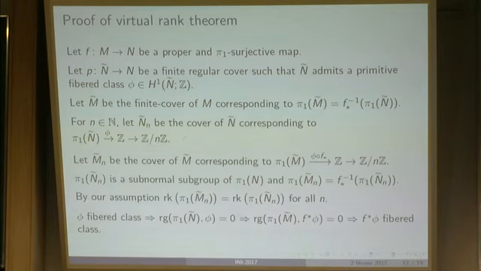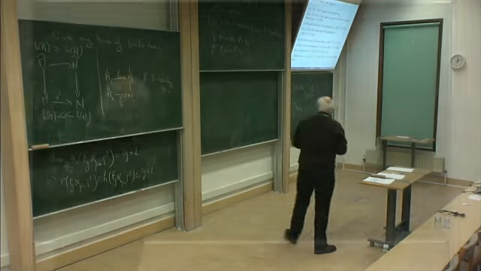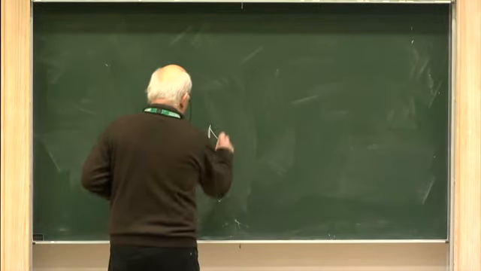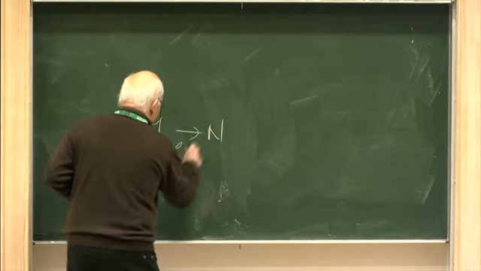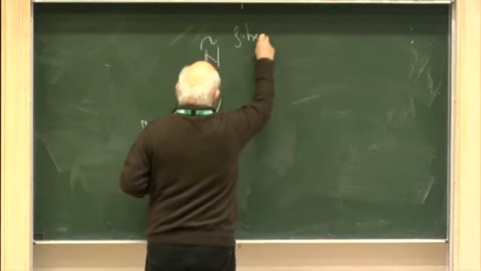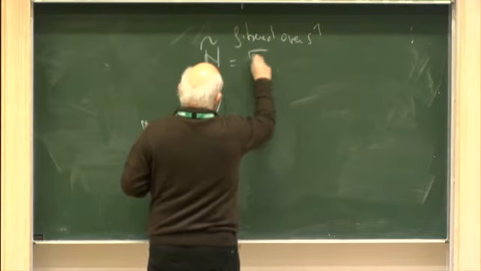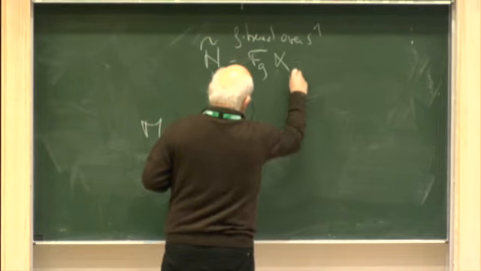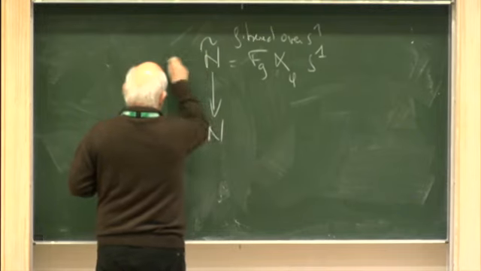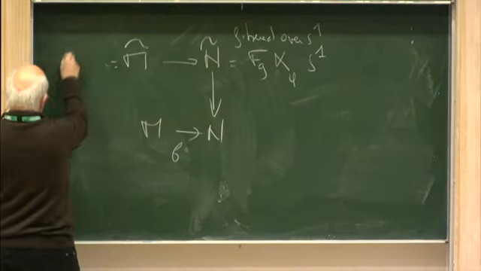So now I am in the situation where I have N tilde, which is fibered over S1, and here I have also M tilde, which is fibered over S1.